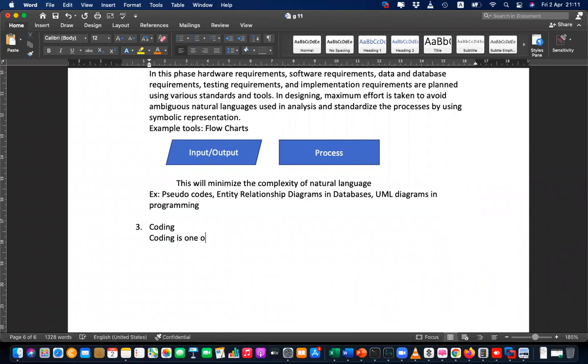one of the most important tasks in the implementation process.